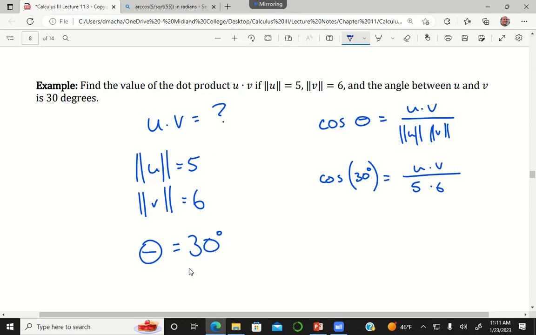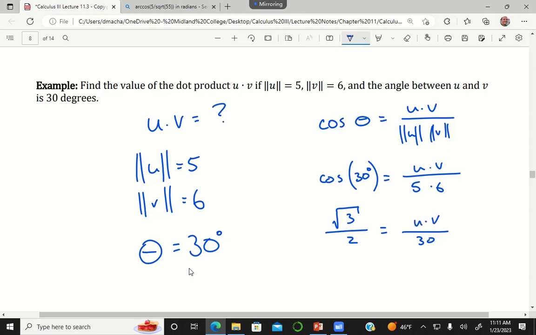What is cosine of 30 degrees? Root 3 over 2. Yeah, so you can tell you're going to need to memorize your unit circle, or I guess you don't need to because you'll have your calculator, so you could type in your calculator cosine of 30 degrees. Anyways, that's root 3 over 2, and that's equal to u dot v over 30.